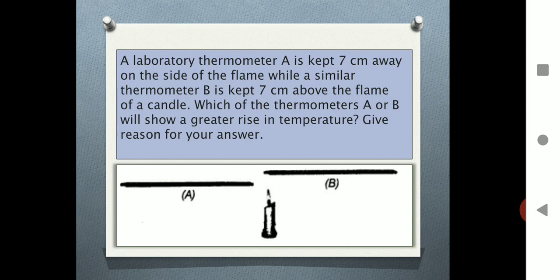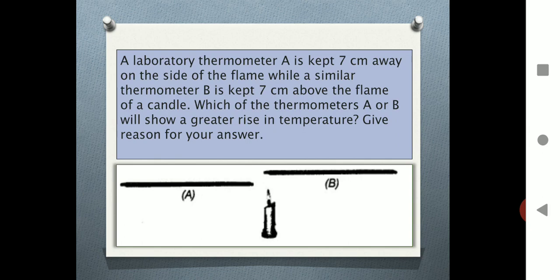So the air around the flame of the candle, after becoming hot, starts rising in the upward direction, and when this air comes in contact with thermometer B, that thermometer will measure the temperature of the air, and that will be greater as compared to thermometer A.